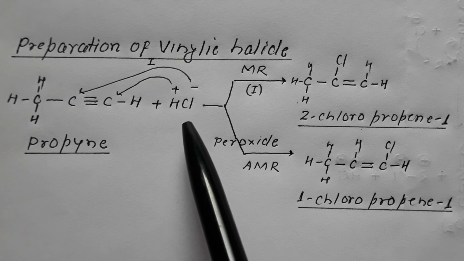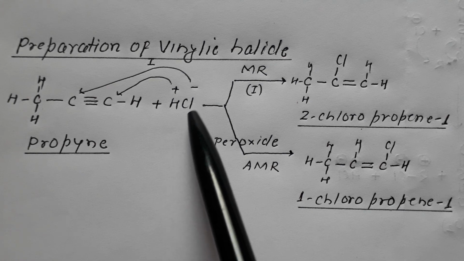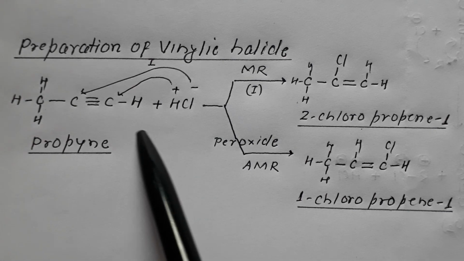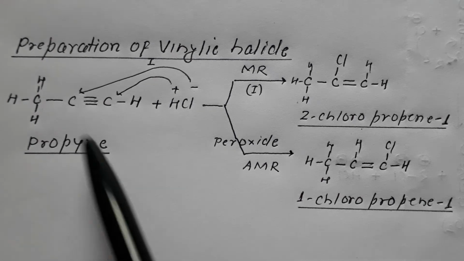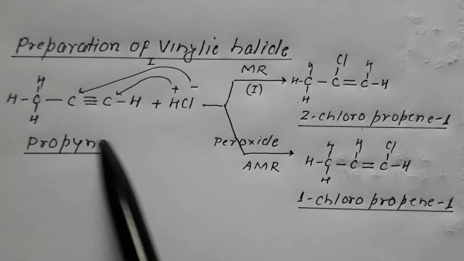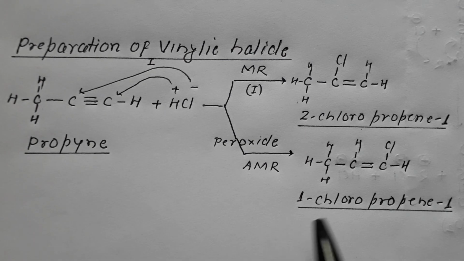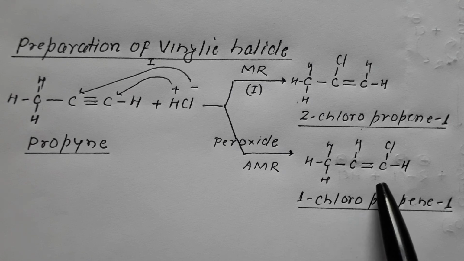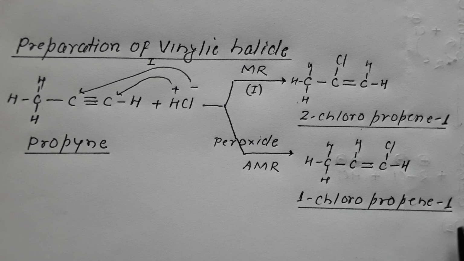So Cl combines at carbon number 1, H combines at carbon number 2, resulting in formation of CH3 CH double bond CHCl, propene having chloro at position 1, so it is 1 chloropropene 1. So this is how we can prepare the vinylic halide.